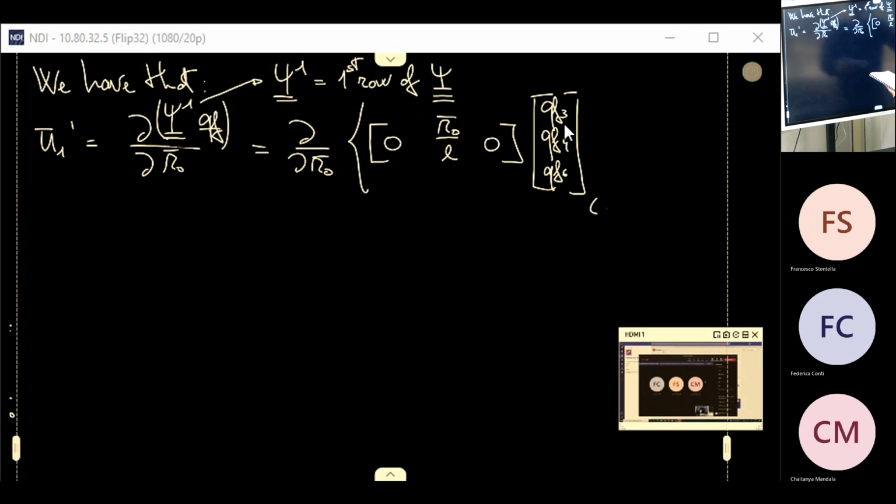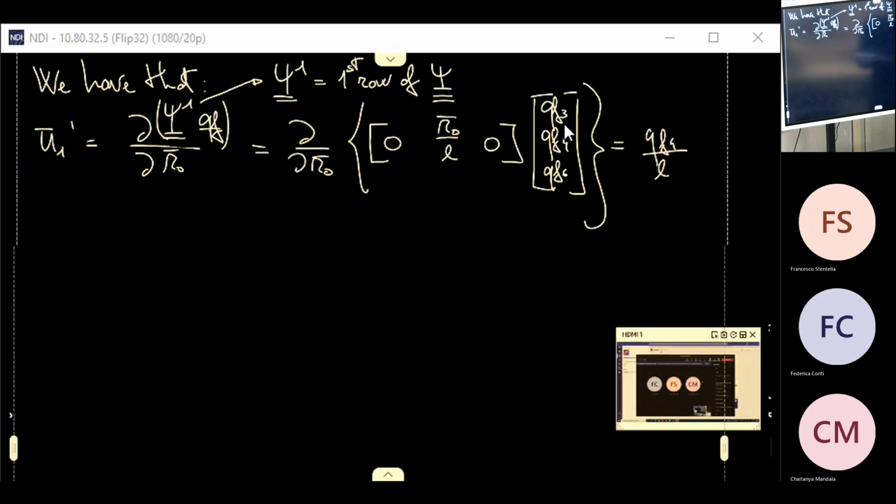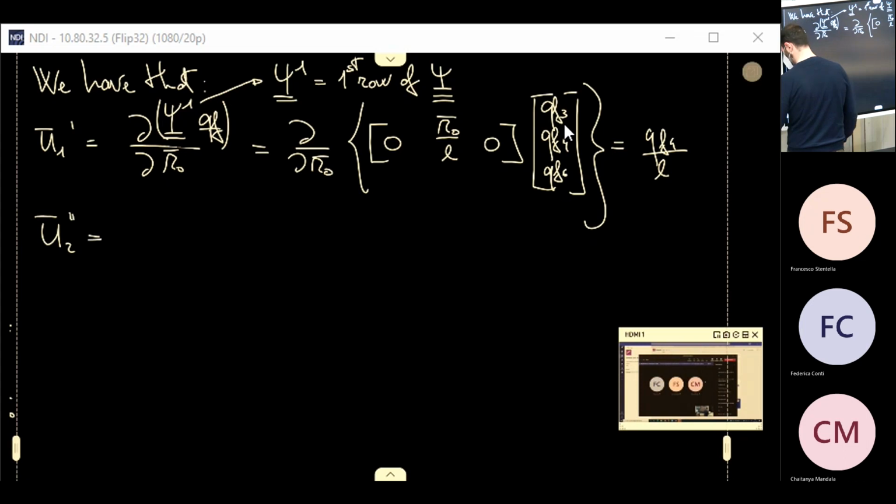If you derive this, you eventually get the following. QF4 over L. The same thing goes for U2 double prime.